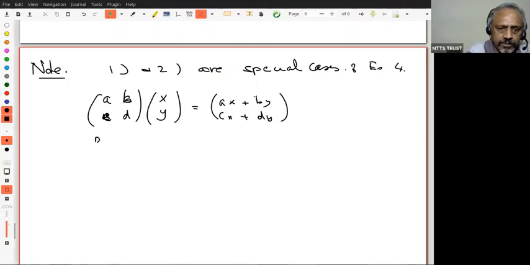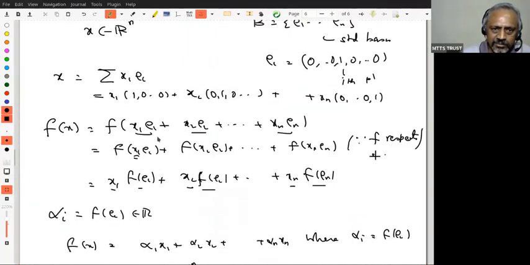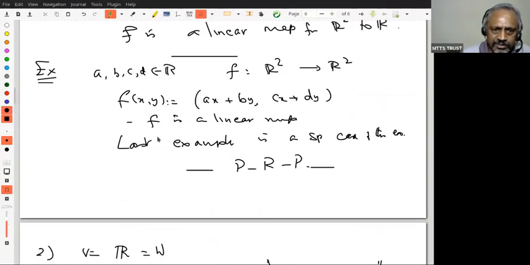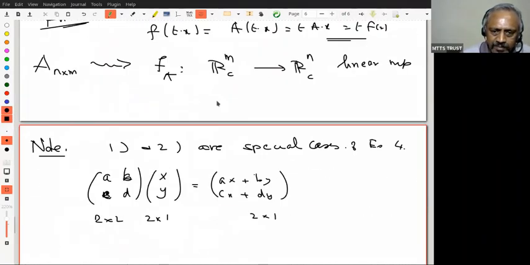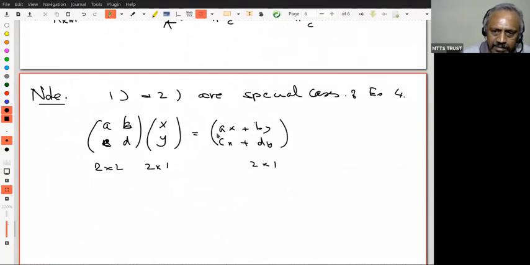This is 2 cross 2, this is 2 cross 1, this is 2 cross 1. Here I am writing a column notation, whereas there I wrote it as a vector notation. Otherwise there is no change. You see that? ax plus by, cx plus dy.